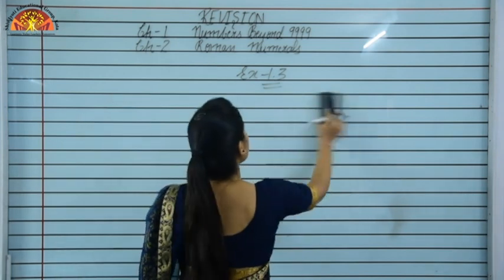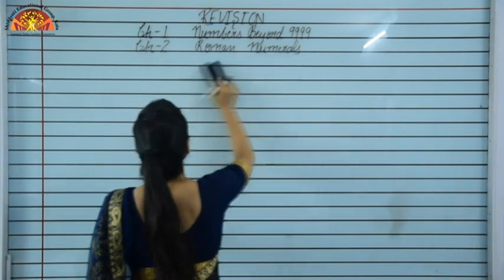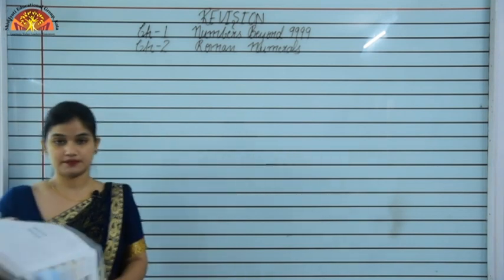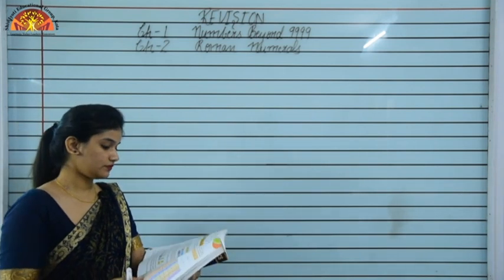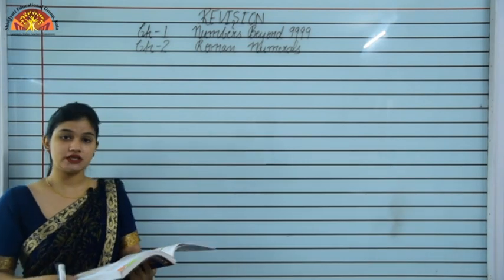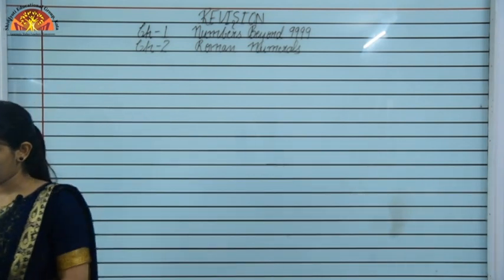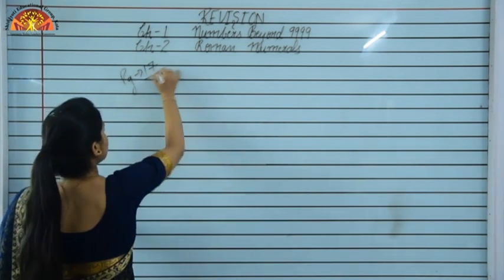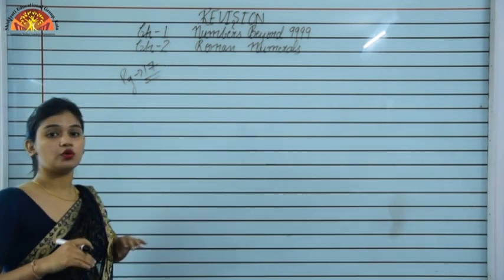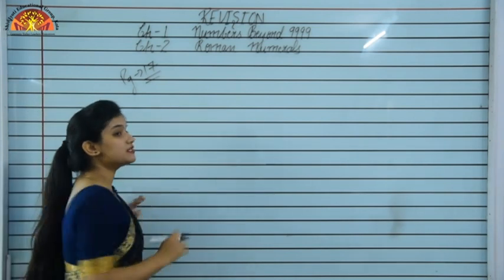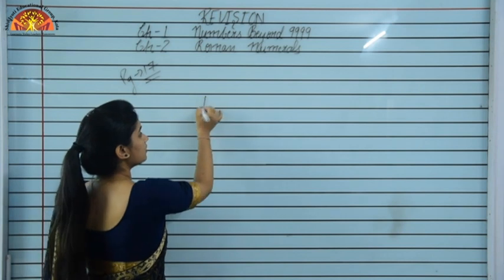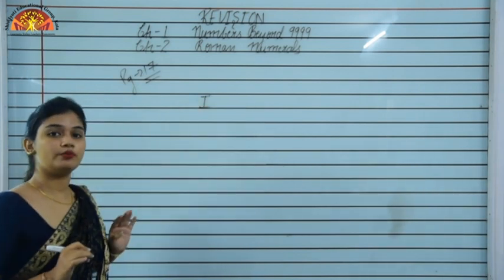Now we are moving to the next chapter, and the chapter is Roman numerals. Chapter 2, Roman numerals. So students, open page number 17, and on page number 17, first I am telling you what are the Roman numbers. We use 7 letters of the alphabet to form the Roman numbers.